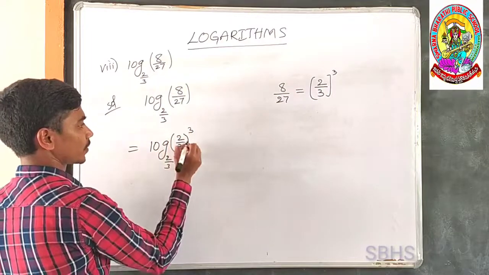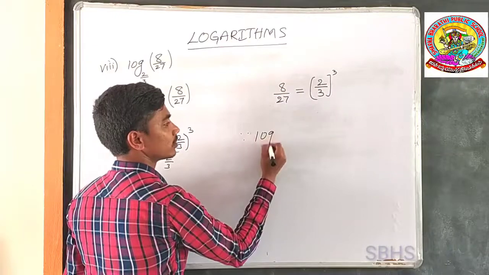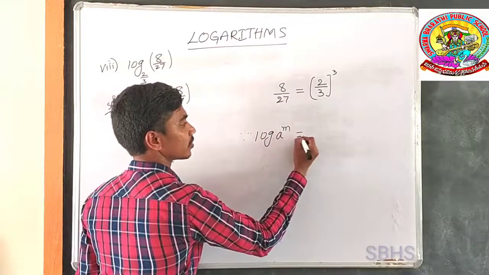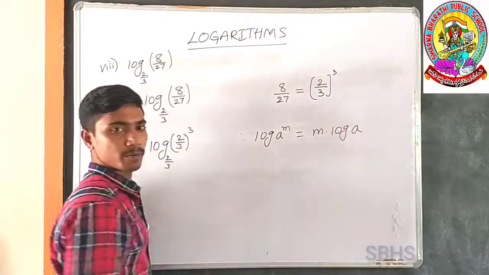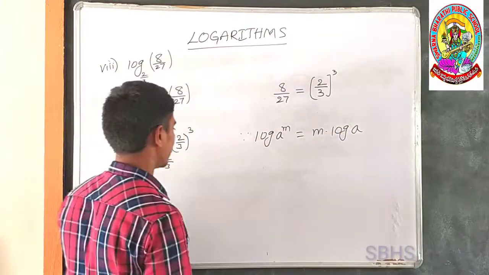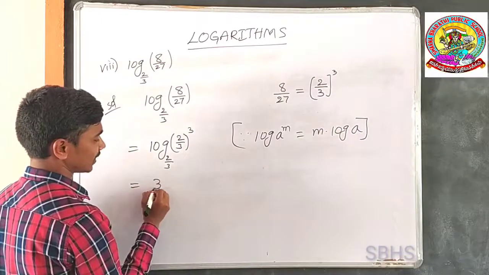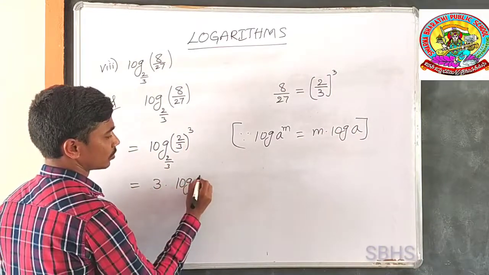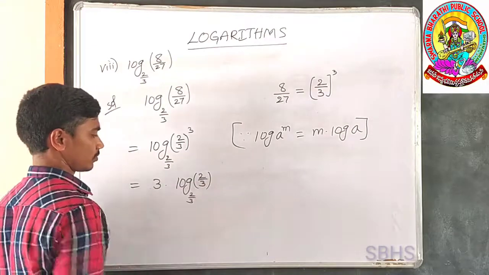Once observe, it is in the form of log a power m. Log a power m is equals to m into log a. Should be equal to 3 into log 2 by 3 to the base 2 by 3.